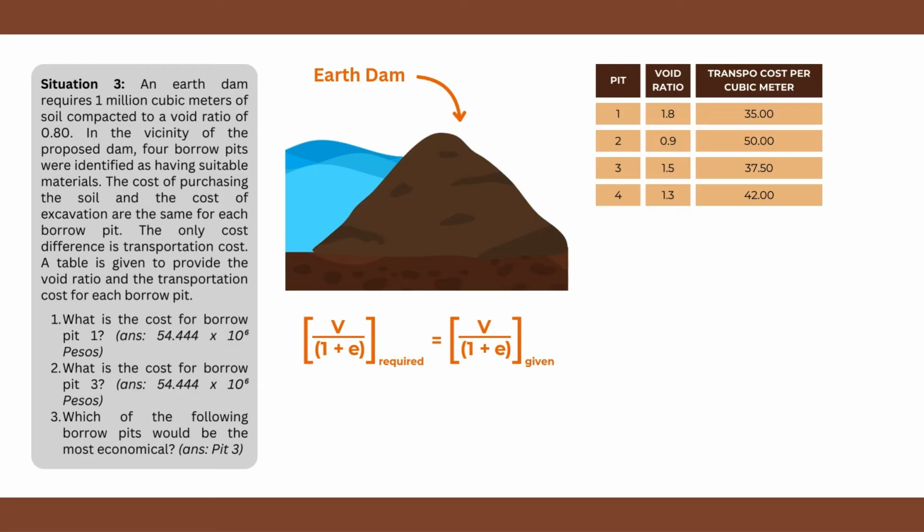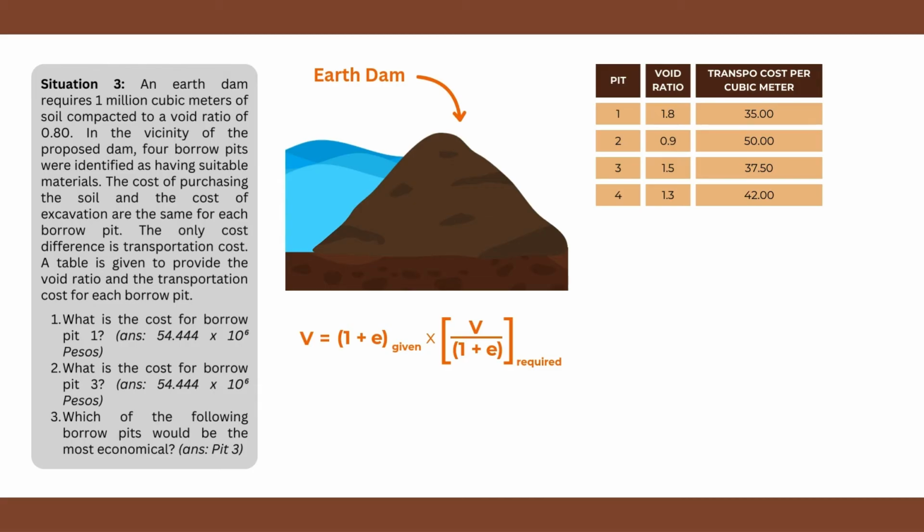Checking our given values, meron tayong required volume, which is yung 1 million cubic meters. Meron tayong required void ratio na 0.8, and meron din tayong given na void ratio values per soil. Therefore, pwede na natin ma-determine yung volumes na need makuha from each borrow pit by modifying our derived equation.